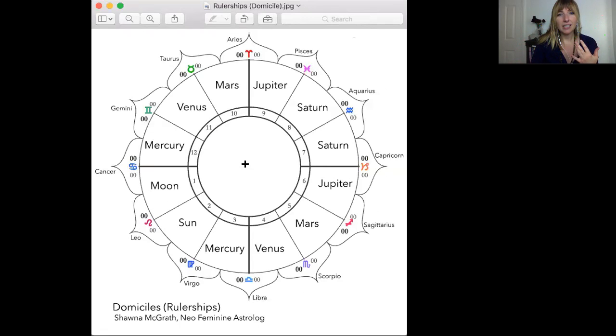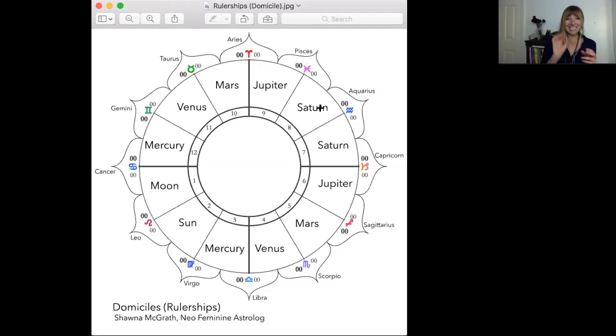If we were to slice things in half, right, at Leo and Aquarius, the sun and the moon are kind of like that beginning point. And then Mercury rules Gemini, Venus rules Taurus, Mars rules Aries, Jupiter Pisces, and then Saturn Aquarius.